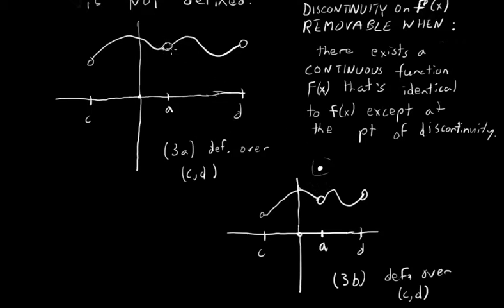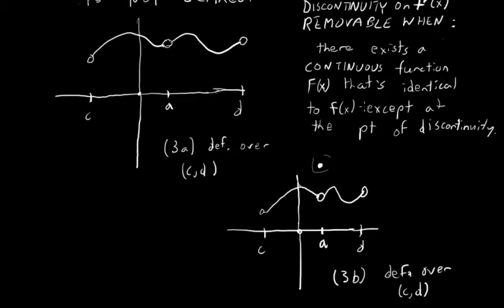Here you are undefined at point A, so you can remove this discontinuity by filling in the hole. Here you're defined at point A, but you have to jump up to point A. And here this function can be redefined and made continuous by moving this point down to where the hole is.